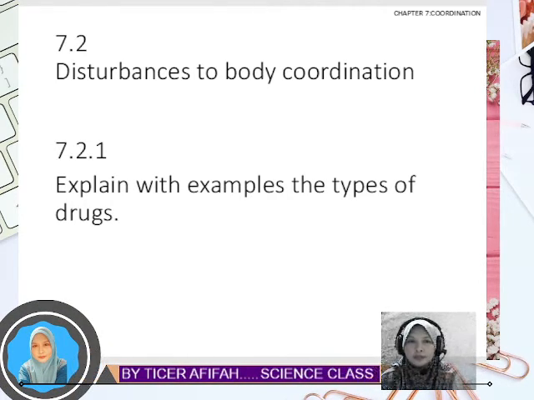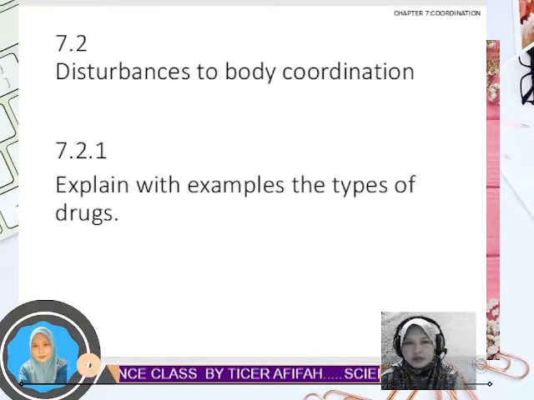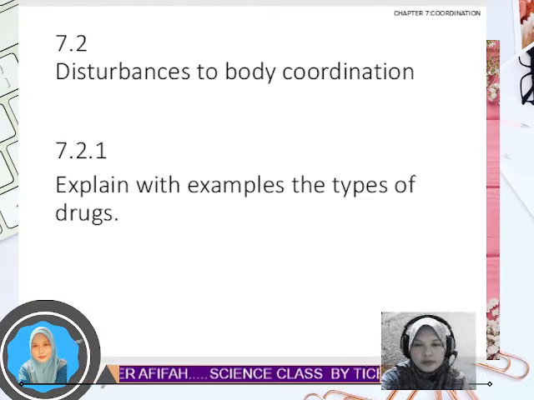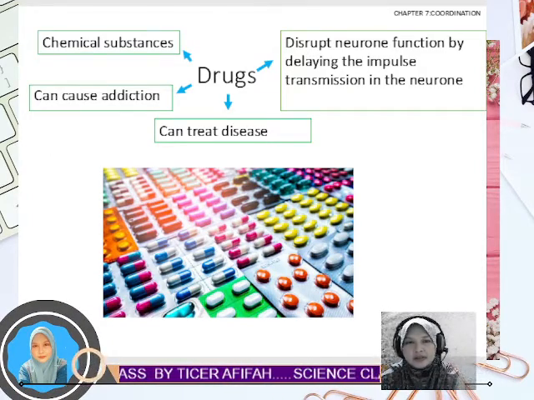For 7.2, disturbance to body coordination, you will learn the effects of drug abuse and the consumption of alcoholic drinks. Drugs are a type of chemical substance that can cause addiction.